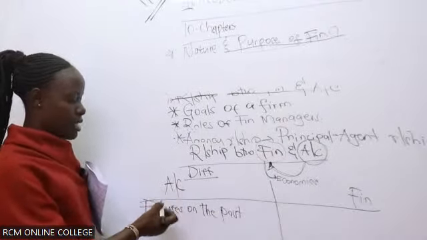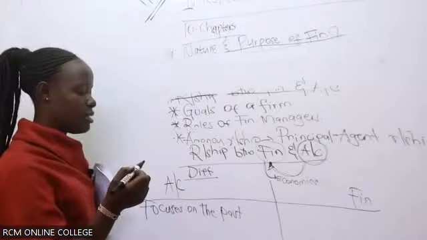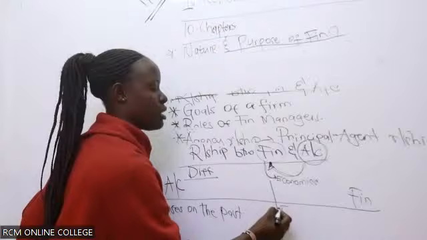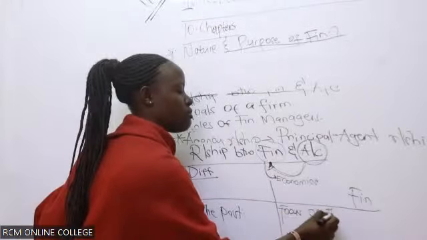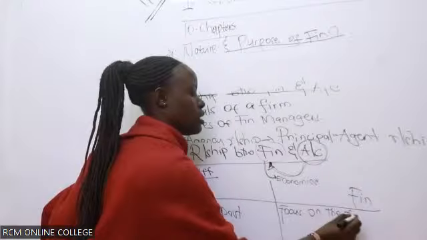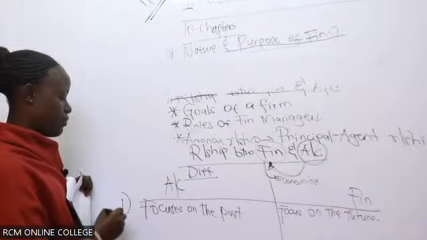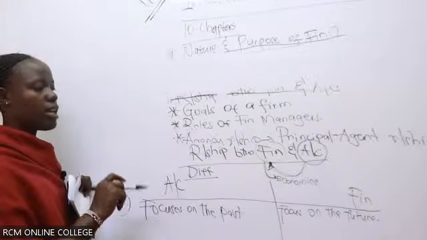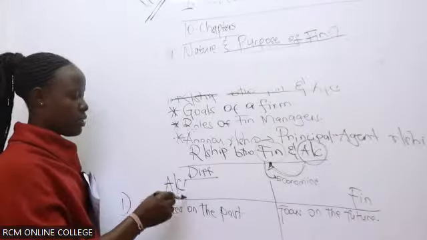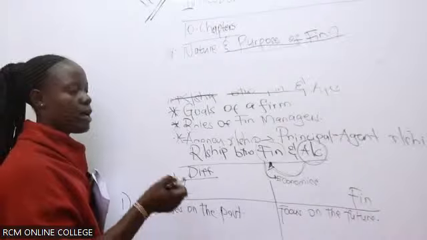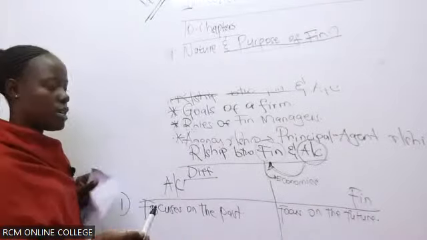So accounting as an aspect focuses on the past. Finance, on the other side, will focus on the future. So that is the first difference between accounts and finance. Accounting focuses on the past, while finance on the other side will focus on the future.